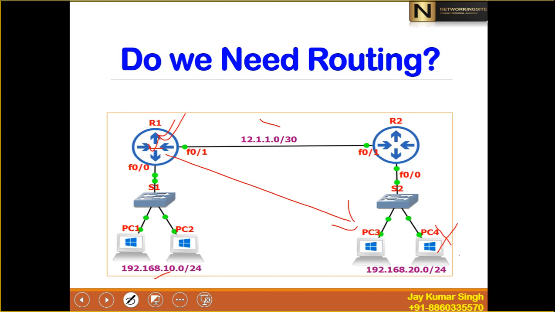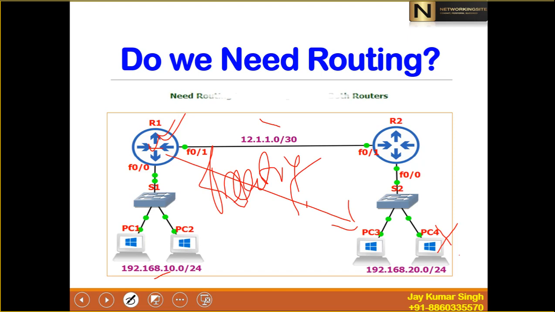If any network is not directly connected to you and it's not there by default in the routing table, you have to configure routing. So here we need to configure routing.